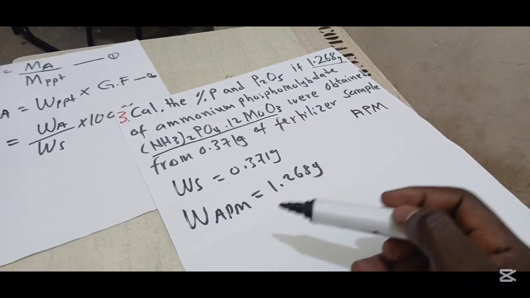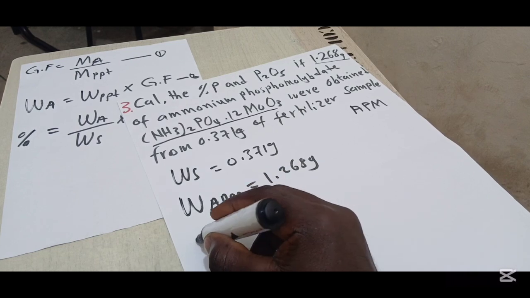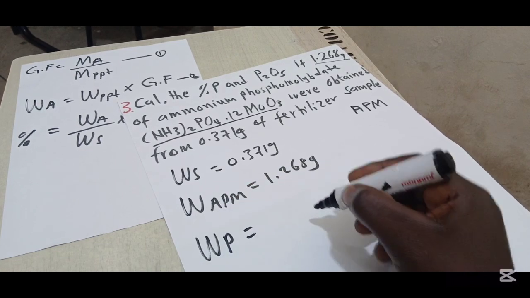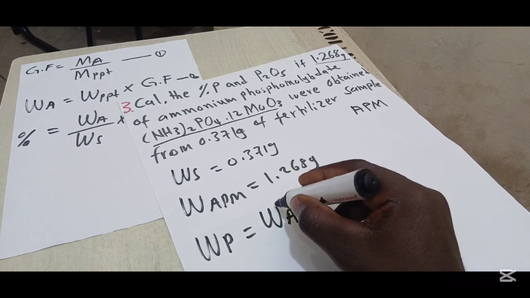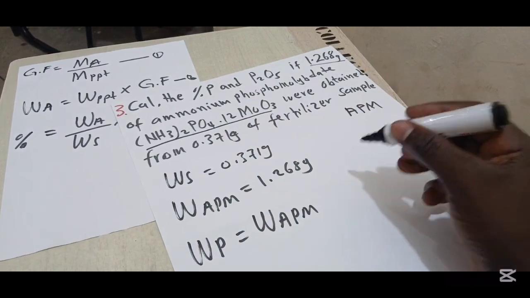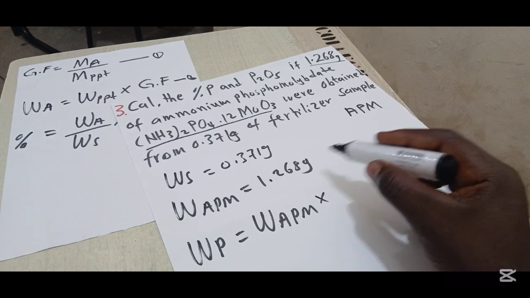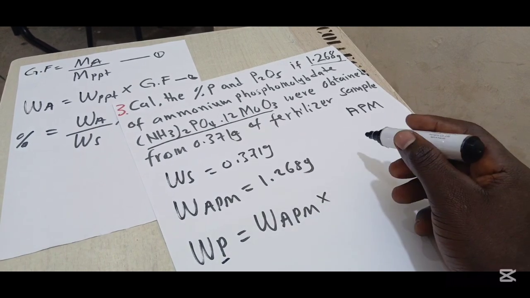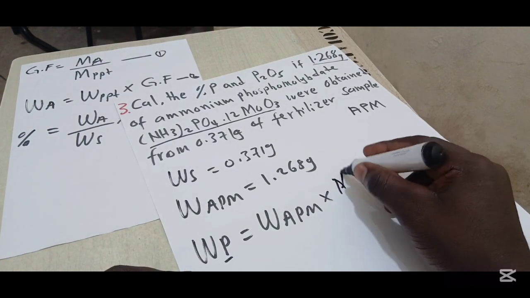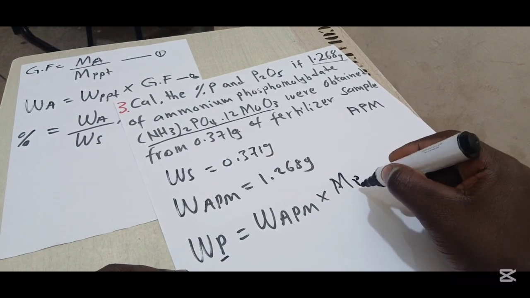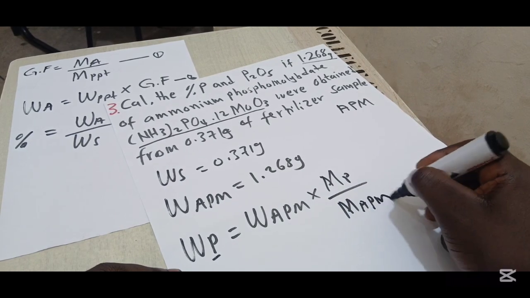Now let's take phosphorus. The weight of P is going to be the weight of APM, our ammonium phosphomolybdate here, times our gravimetric factor. And our gravimetric factor is going to be the molar mass of our phosphorus over the molar mass of APM.